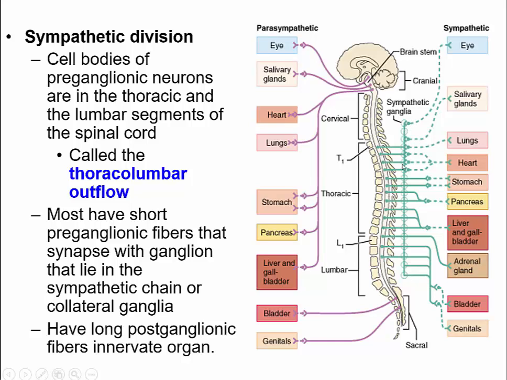Here's a sympathetic chain, and we'll see that they can either synapse here with a postganglionic neuron and then go out to their various organs, or they can go right through the sympathetic chain ganglion and then synapse in a collateral ganglion, and then their postganglionic fibers will go out and innervate these organs. Since it's coming out of the thoracic area and the lumbar area, we refer to it as a thoracolumbar outflow.